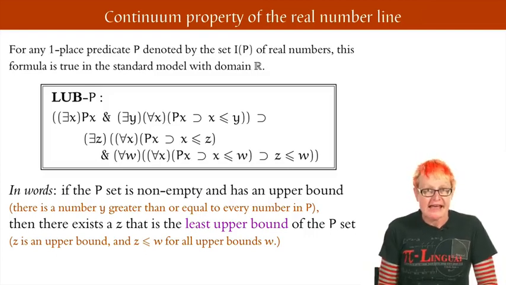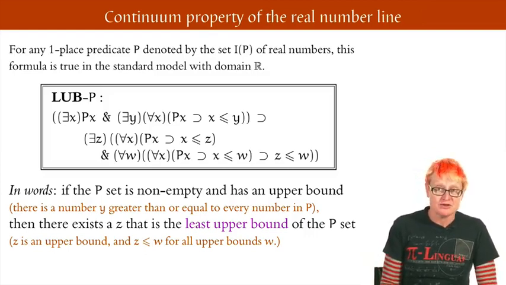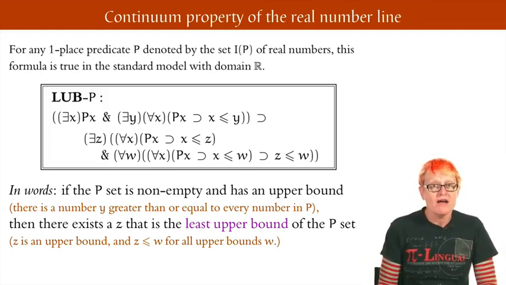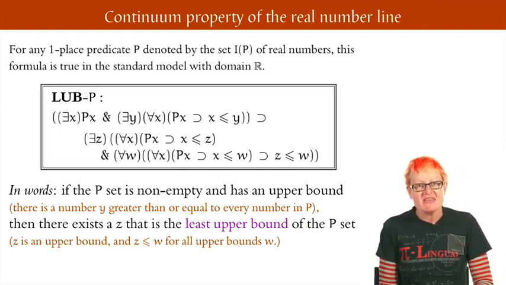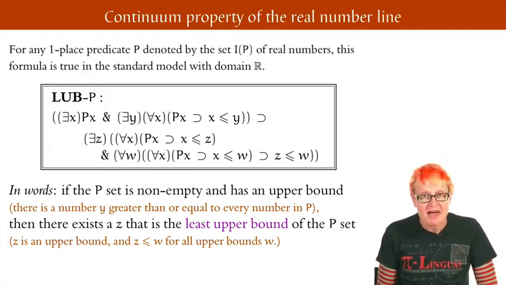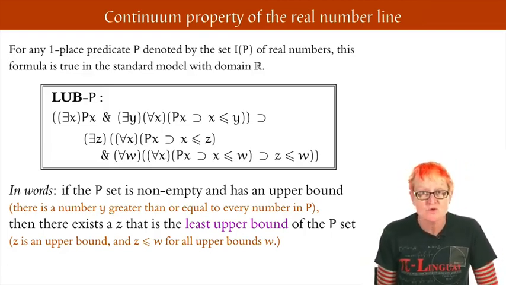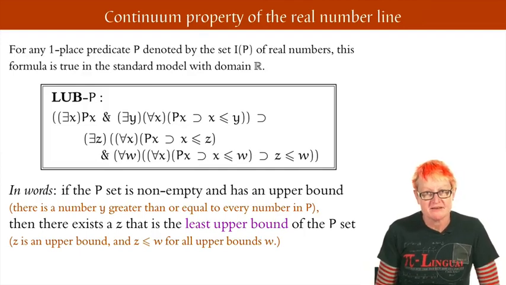LUBP is a conditional saying: if P is non-empty, because there exists x such that Px is true, and P has an upper bound, which means there exists a y such that x is less than or equal to y for all numbers x in P, then there exists a number z that is the least upper bound of the P set. This means z is an upper bound for the P set, and in addition, z is less than or equal to w for every number w that is an upper bound of the P set.